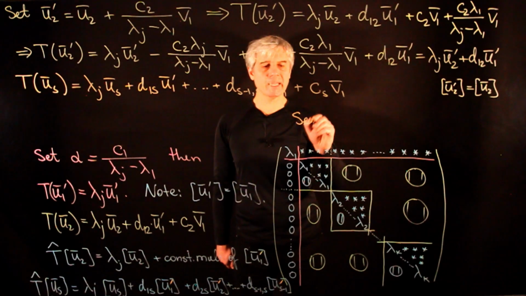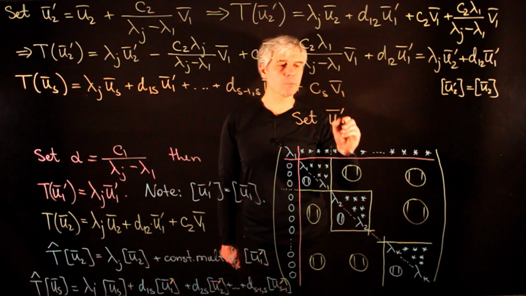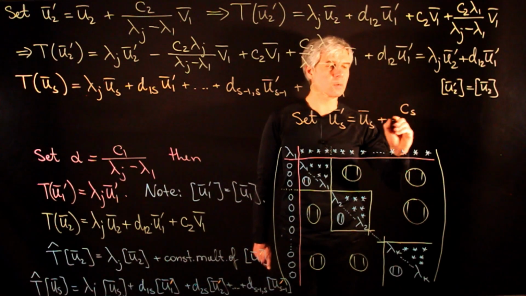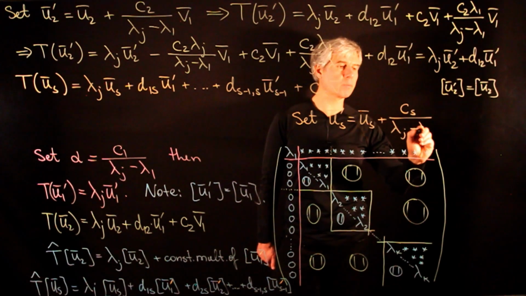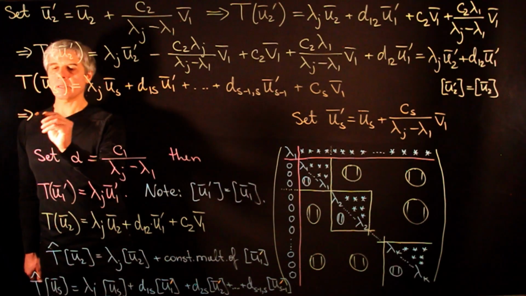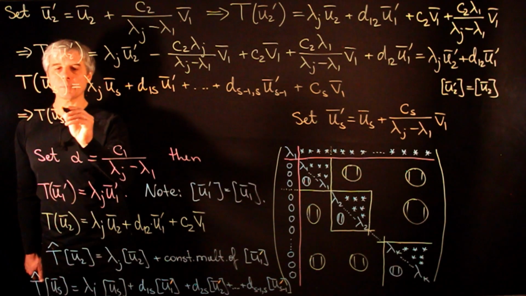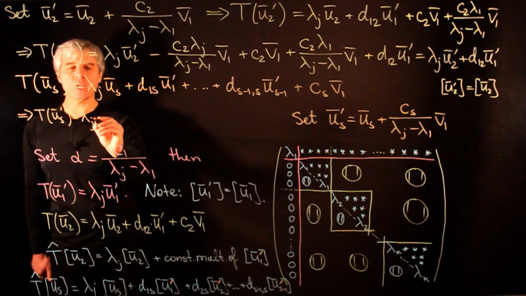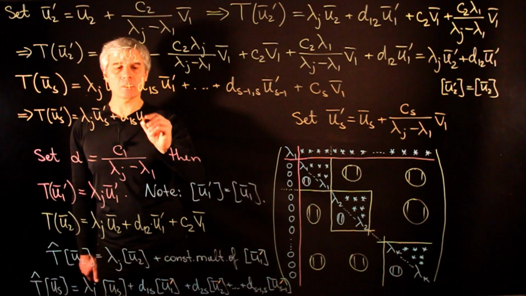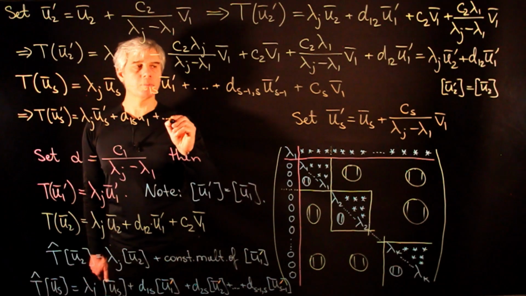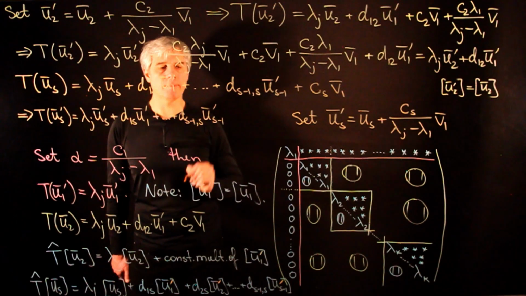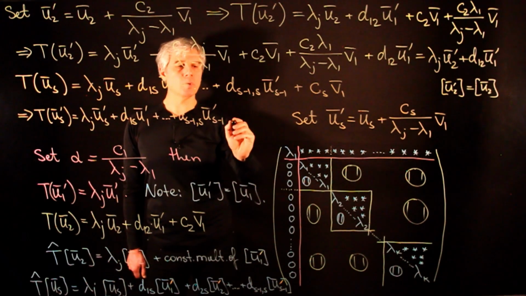And now if we set us prime to be us plus cs over lambda j minus lambda 1 times v1, then this will tell us that T of us prime is equal to lambda j us prime plus d1s u1 prime plus d(s-1)s u(s-1) prime. And the v1 term will be eliminated.